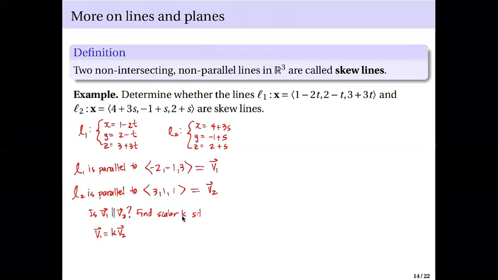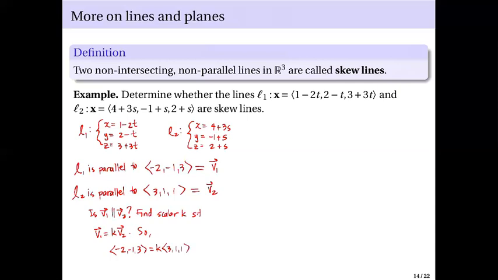If there's none, therefore they are not parallel, and therefore these two lines here are not parallel. But what does this mean? You have negative 2, negative 1, 3. So you will have this equals K times the vector 3, 1, 1.